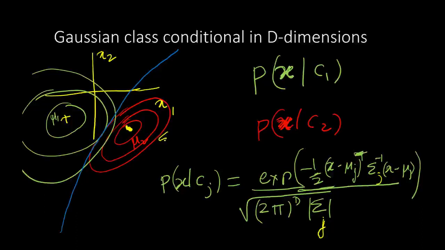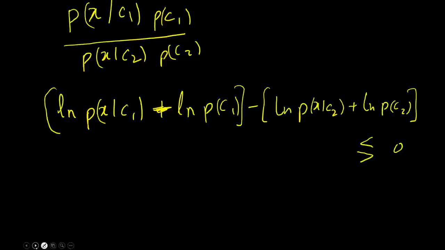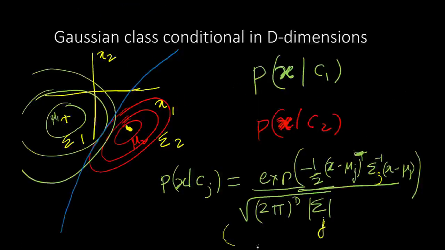So this one has sigma 2 and this one has sigma 1. Going back here, you can see the constant that you have outside. This constant can cancel out if sigma i and sigma j are equal. That is an assumption we'll have to make.